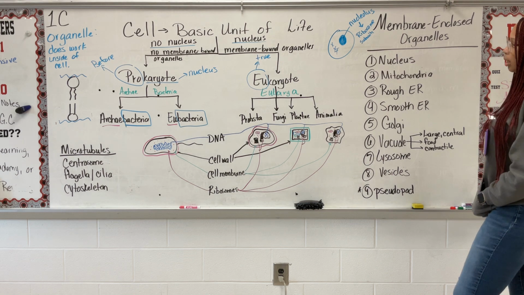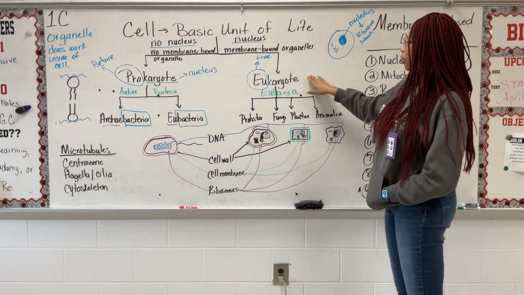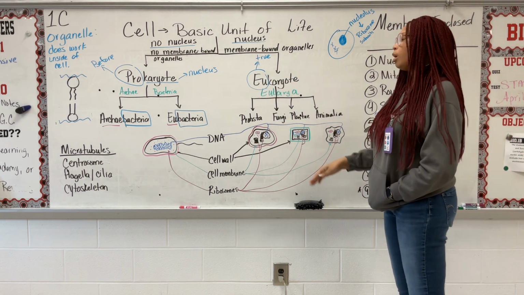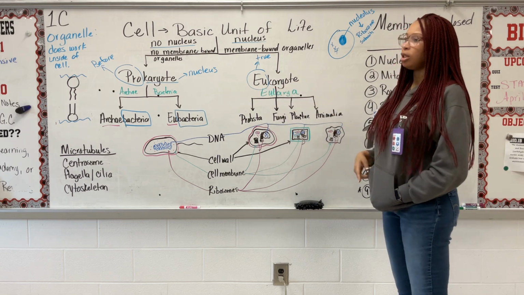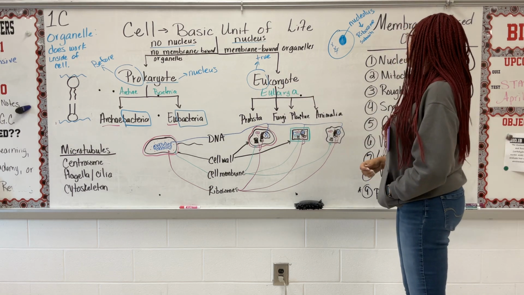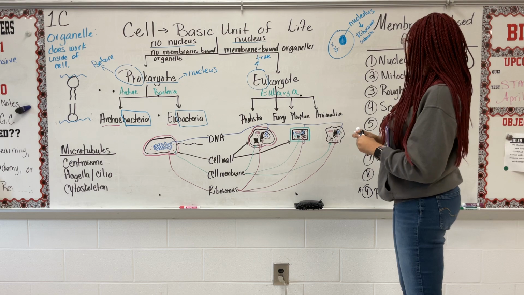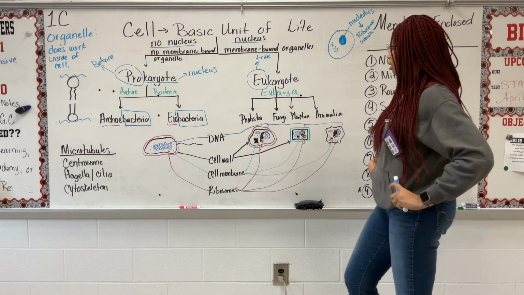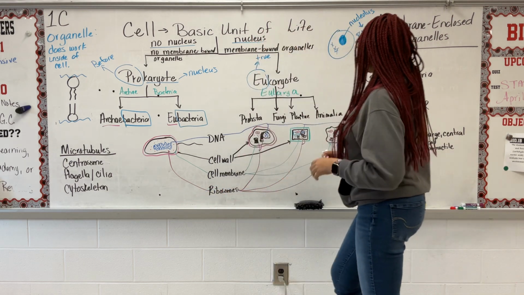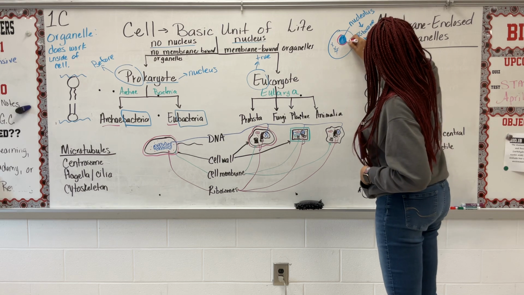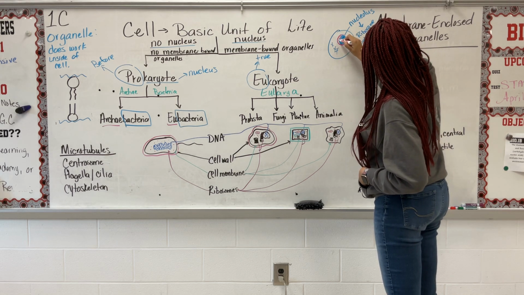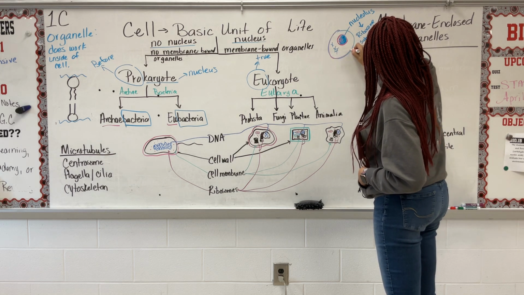Now, the next class of cells is called the eukaryote. The prefix "eu" means true, so they're going to have a true nucleus. These are cells that have a true nucleus. So what is a nucleus? A nucleus is essentially a membrane that separates the genetic material. This is my nucleus here.